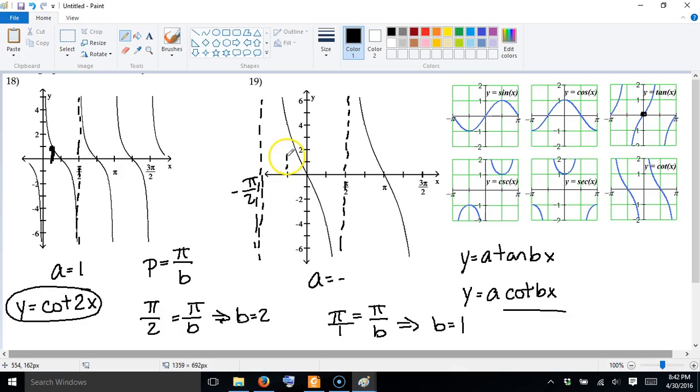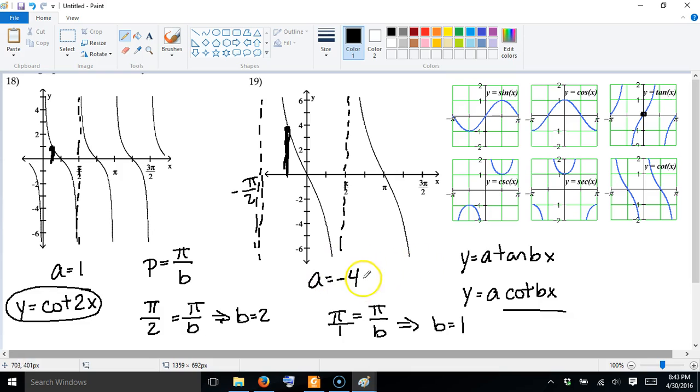Halfway point, if we draw upwards, let's draw upwards as straight of a line as I can on this thing. It looks like we're here at 4. So our value of a is going to be 4, but it's also negative.